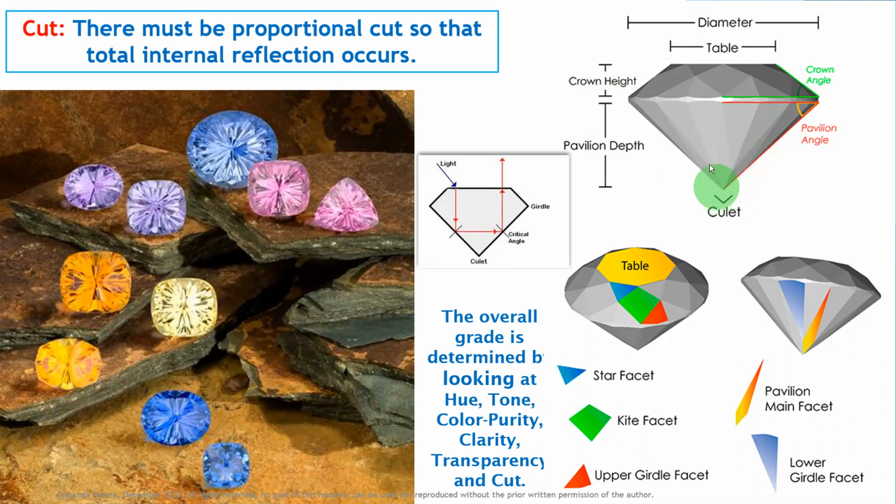This is the culet angle. This is the pavilion angle, and the crown angle. There are some measurements here that we discussed earlier, I think. Then all the facets are mentioned here. Round brilliant cut, round, lower girdle facet, pavilion main facet. Everything is mentioned here properly. Get the idea.